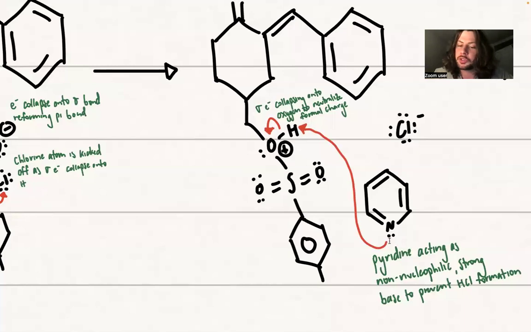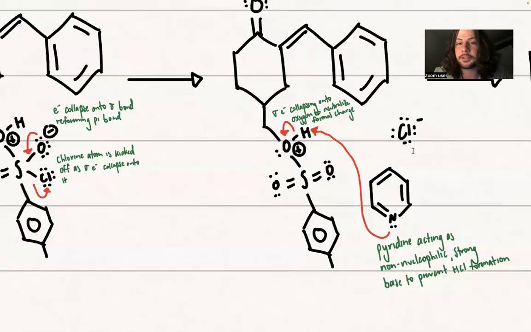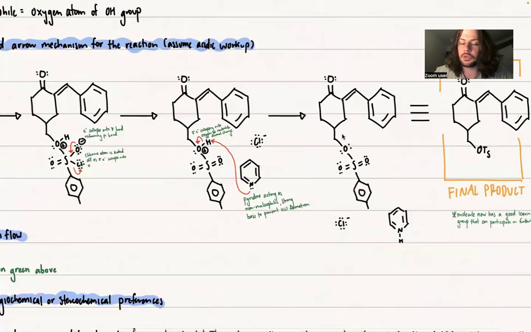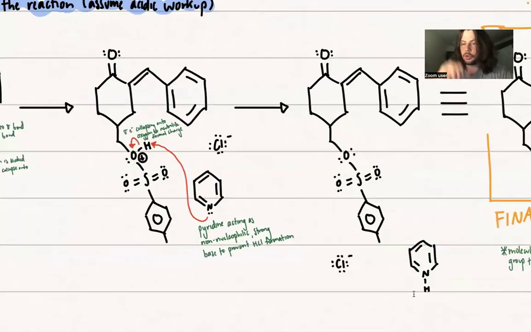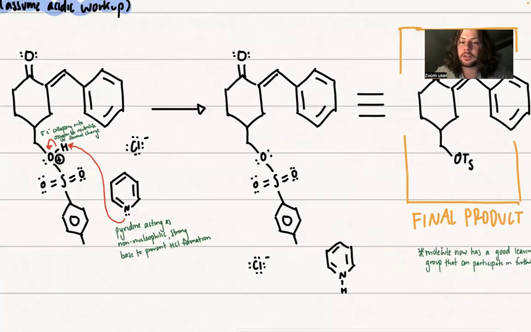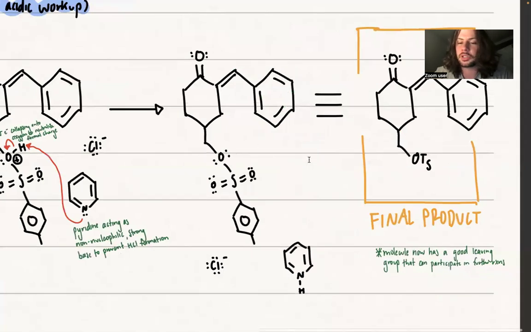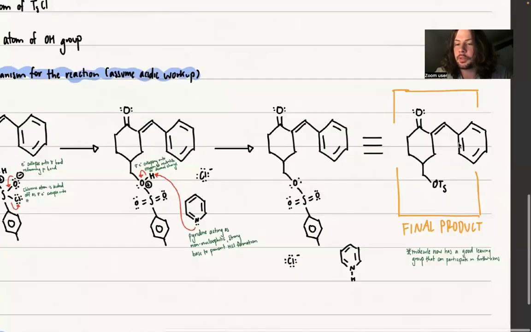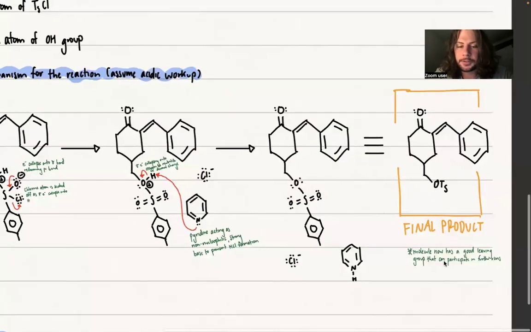It's important to note we're using pyridine so that the chlorine atom doesn't instead attack it and create hydrochloric acid. That is going to result in this compound right here, which, if we were to simplify and abbreviate, that whole bottom portion of the molecule is going to create that OTs group that we were looking for. So this is the final product.